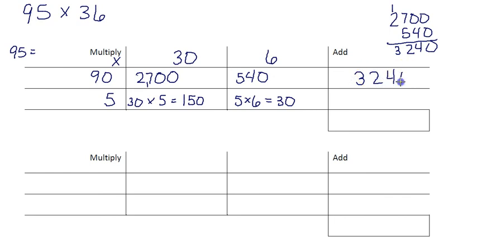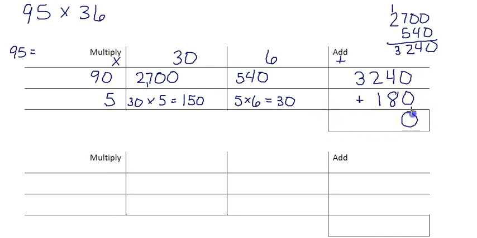Now make sure your work here is neat, so you can have your addition problem ready to go and you don't have to write it out. Now this one's a little easier to do. 150 plus 30, that gives me 180. It's a lot easier to do in my head, but if you can't, just work it out to the side, that's fine. And again, it shows we're adding, so I'll just put an addition sign right there, because I know I'm going to add to get my final answer down here.